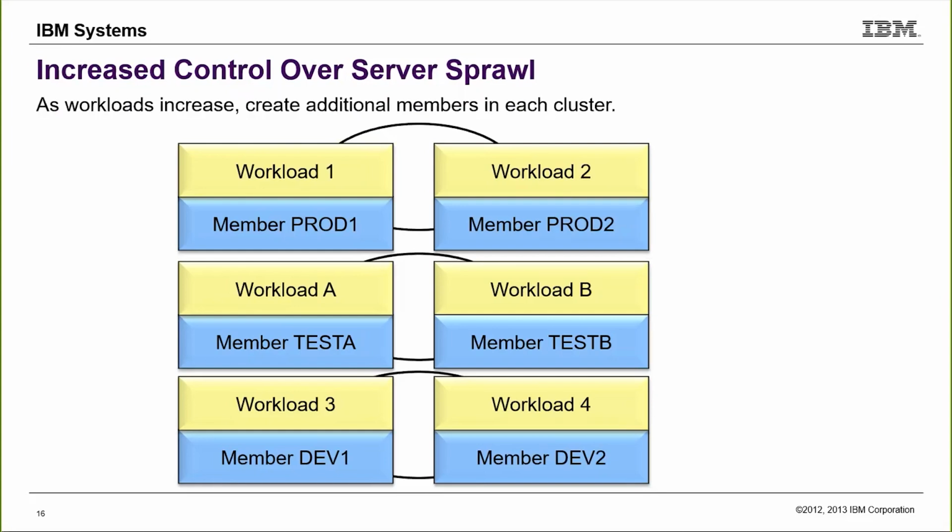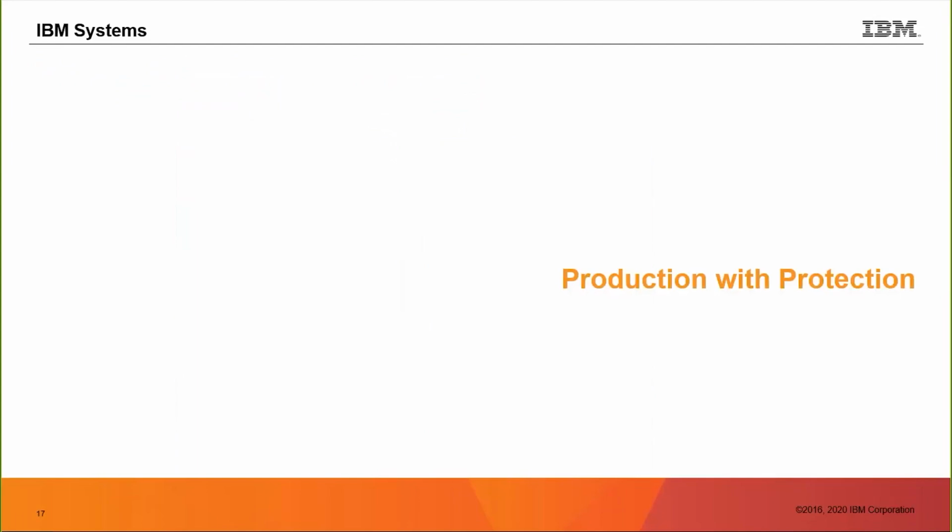So this is a way to sort of naturally grow into clustering technology. And I did have some clients that did this and grew as they started to hit the limits of z/VM, the resource limits in terms of processor or memory, they would just start spinning up more members. That's one of the reasons why some of our clients have asked for more than 4 members. And so that's a candidate on the list. Okay, that was another scenario there.